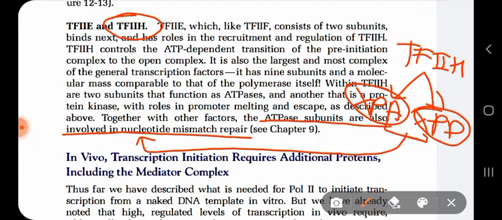Mismatch occurs in the DNA during replication. Although replication is more accurate than transcription, still somehow mismatches occur. To remove the wrongly placed nitrogenous base in the DNA, we have to cleave and cut it and replace it with the correct nucleotide, and that can be done with the help of the helicase activity of TF2H.